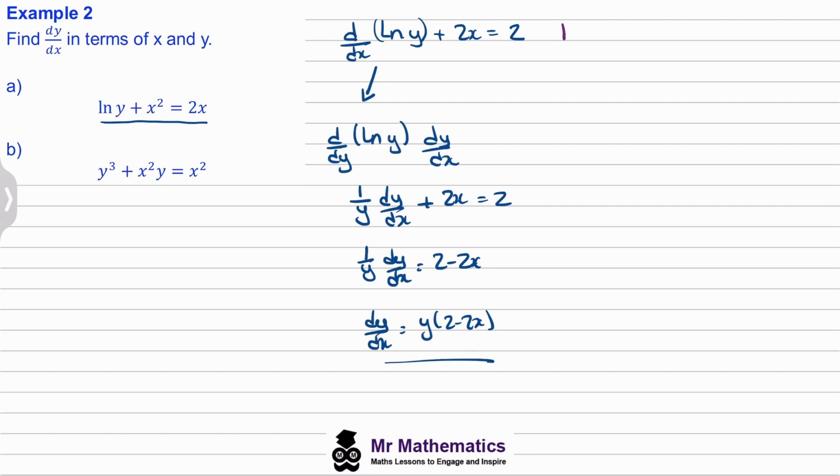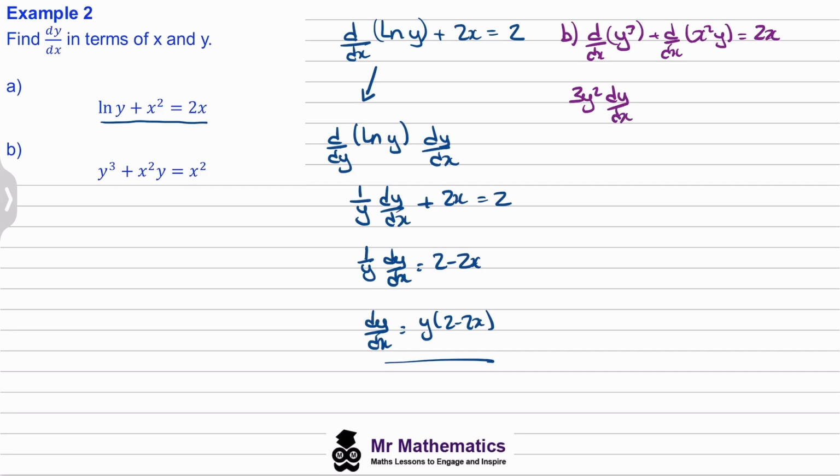For question B, we want to find d by dx of y cubed plus d by dx of x squared y, and the derivative with respect to x of x squared is 2x. When we differentiate y cubed with respect to x, we get 3y squared multiplied by dy by dx.